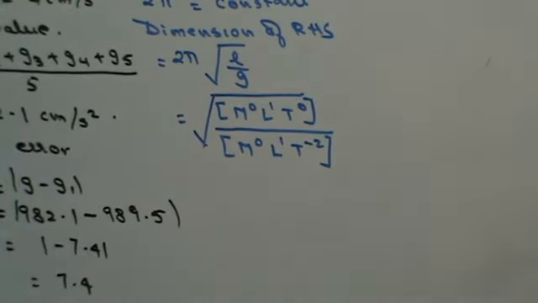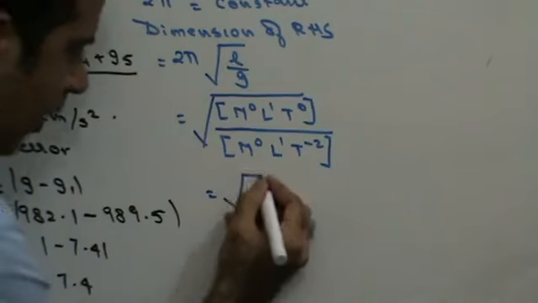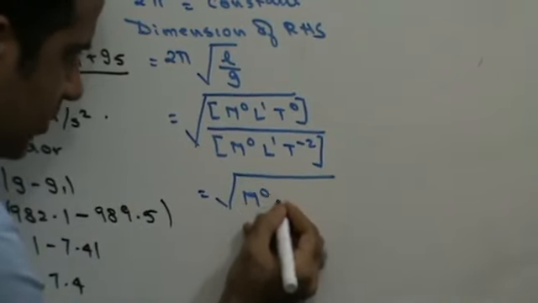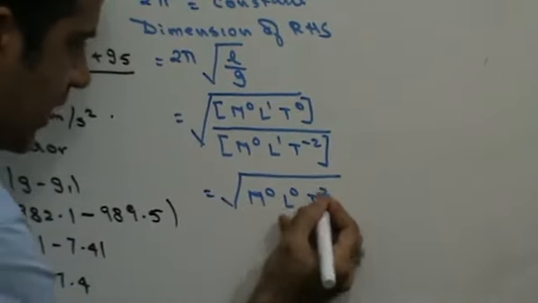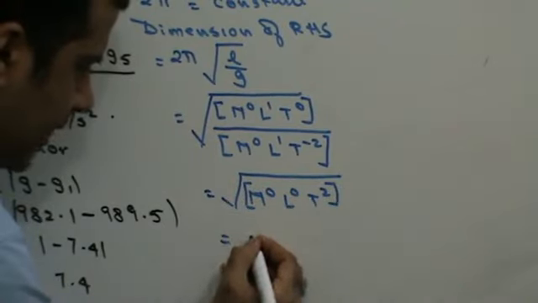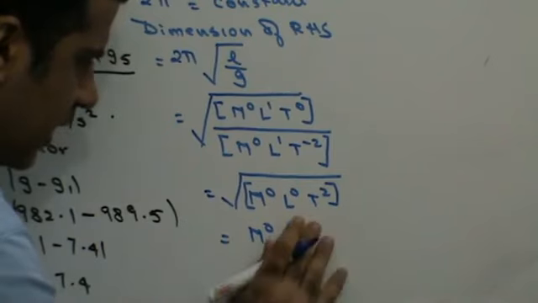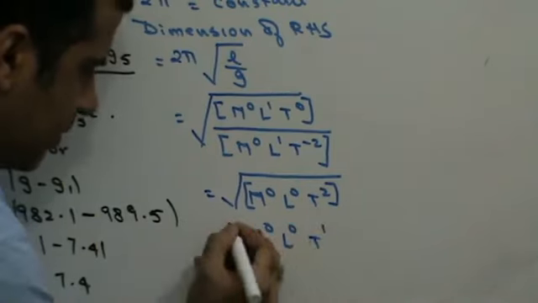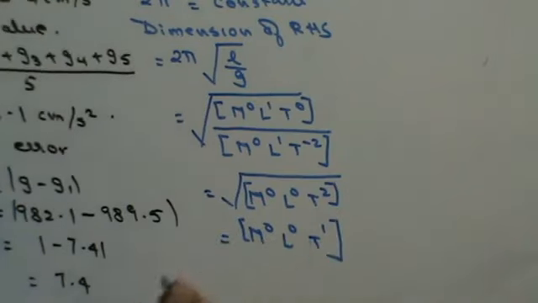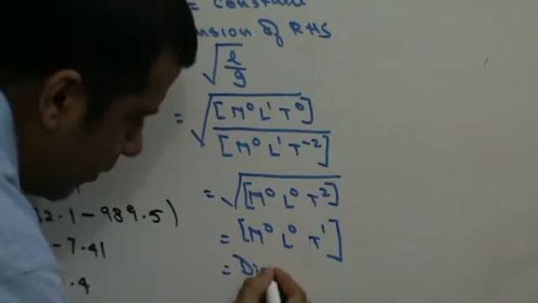If I apply laws of indices, this becomes M0 L0 T2. Square root of T2 will be T1, which is M0 L0 T1. But M0 L0 T1 is the dimension of T.